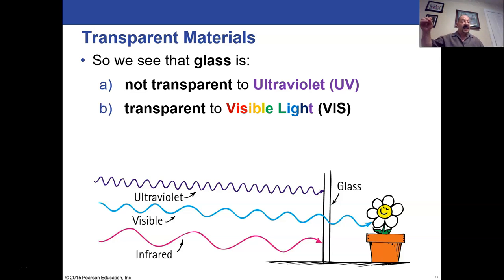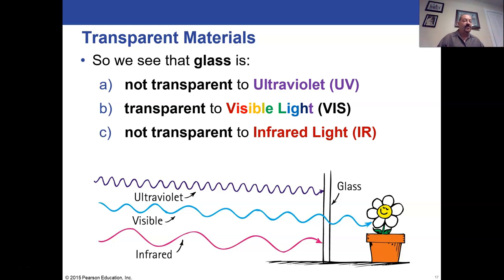Visible light does interact, but it doesn't interact well enough to stick around, so it gets passed right on out with exactly the same frequency, exactly the same wavelength that went in. So if it went in as orange light, it would come out as orange light. If it went in as white visible light, which is a collection of all the colors of the rainbow together, we perceive it as white light. It'll come out as white light, all the different wavelengths and frequencies of visible light.